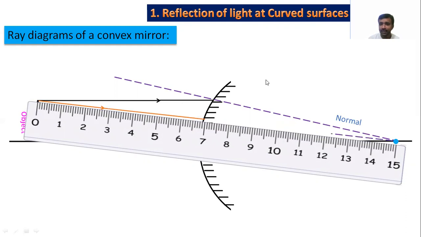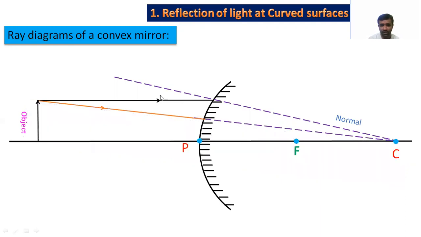Then here we know the behaviors of these two light rays. So the first one is what? Parallel to the principal axis. According to rule 1 of a convex mirror, the ray which is parallel to the principal axis and incident on the convex surface of a convex mirror reflects back such that it appears to emanate from the focus.